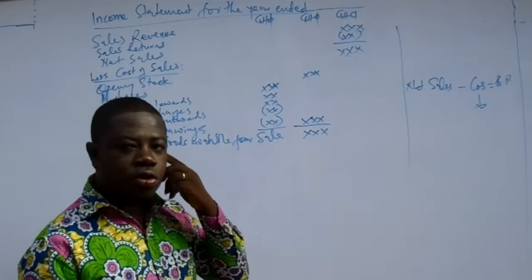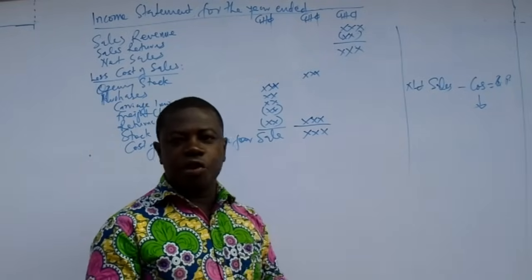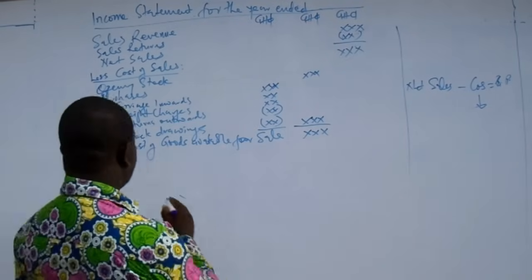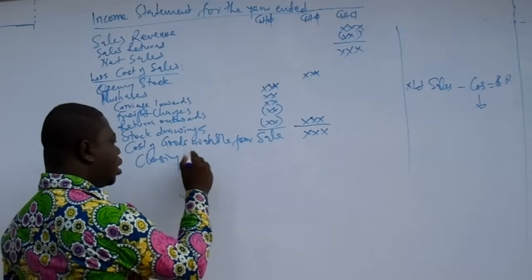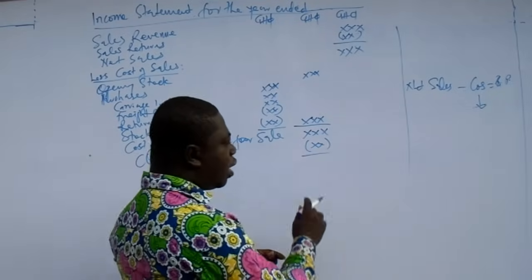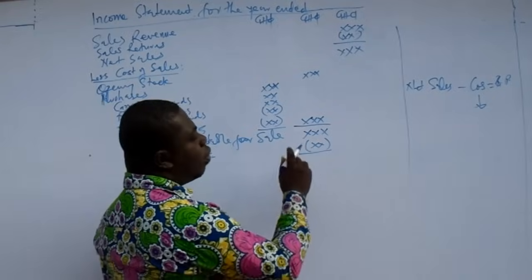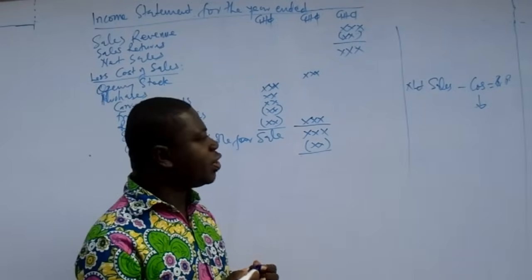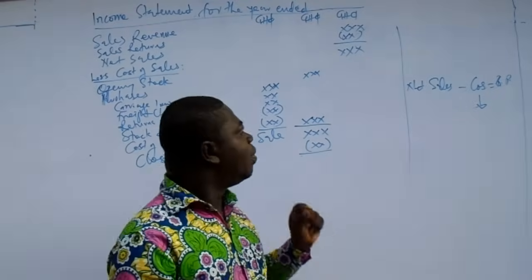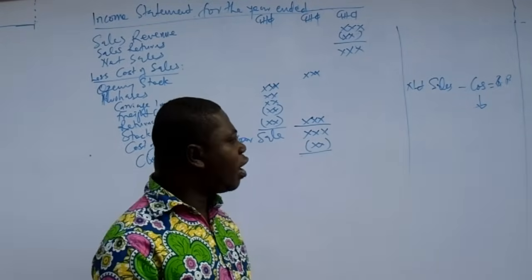And so when we get our cost of goods available for sale, then obviously the next thing to do is to take out our closing inventory. So we less our closing stock from the cost of goods available for sale in order to ascertain our cost of sales. And then when we take it out, we now have the cost of sales. Remember that we needed the cost of sales to be taken out from the net purchases so that we can have our gross profit.